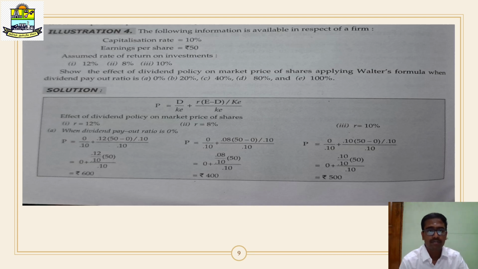So R equal to the capitalization rate is 10%, 8% is R less than the capitalization rate, and 12% is R greater than the capitalization rate, at the dividend payout ratio of 0%.